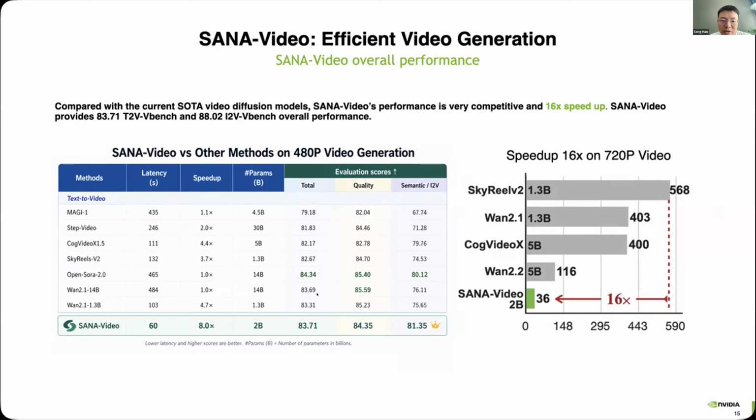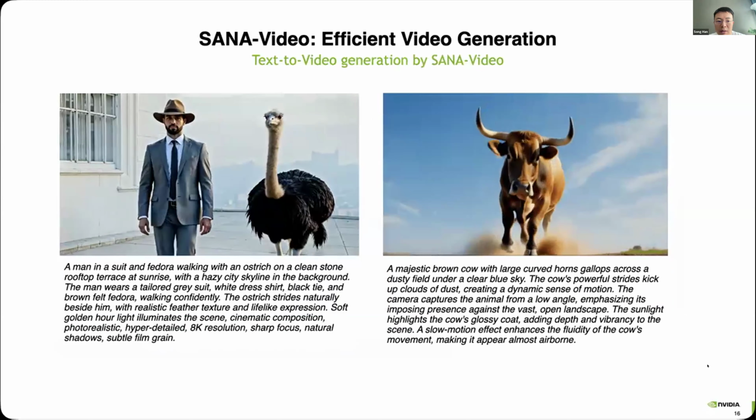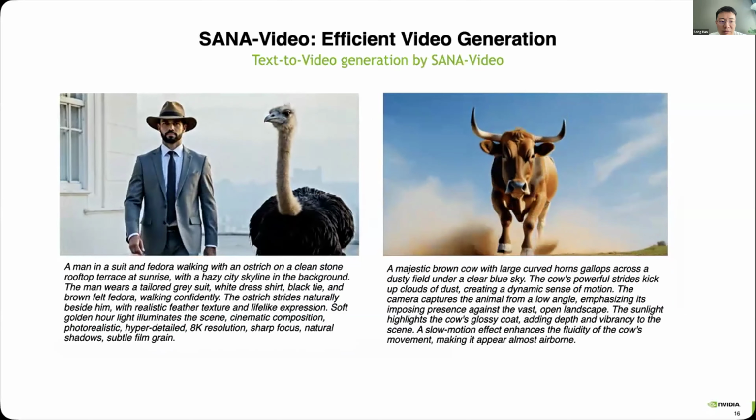So these are the evaluation scores: total score, quality score, and semantic score. And the higher the resolution, the larger the speed up. On 720p video generation, it can be even about 16 times faster than the baseline methods. And here are some of the generated video quality.